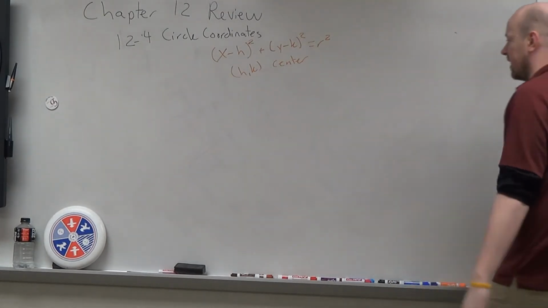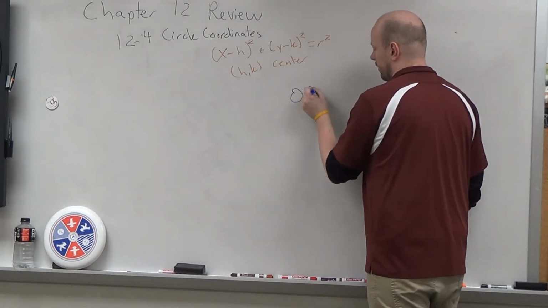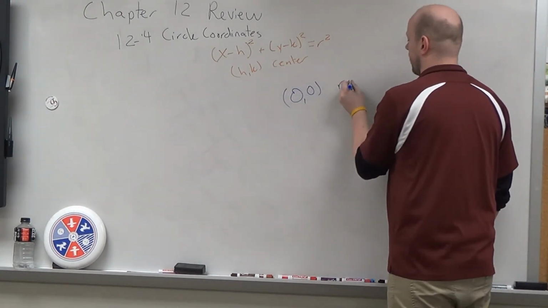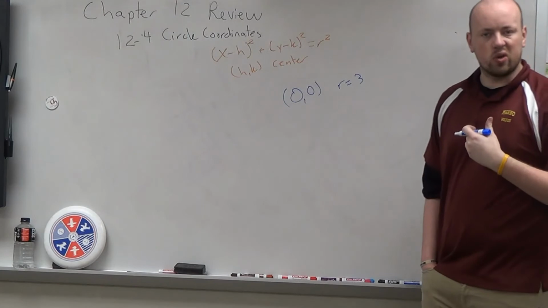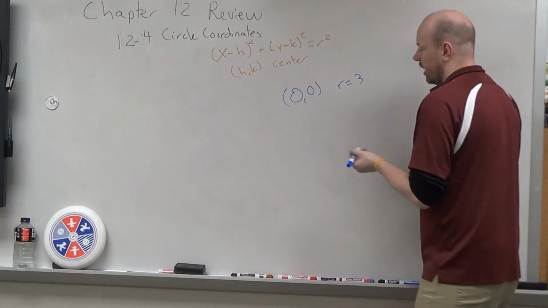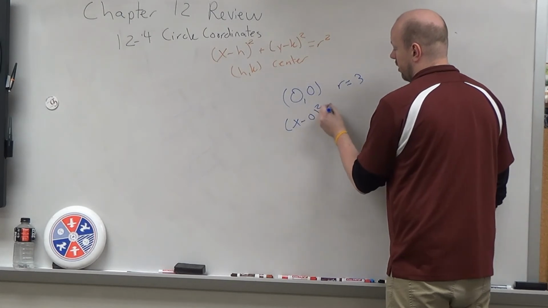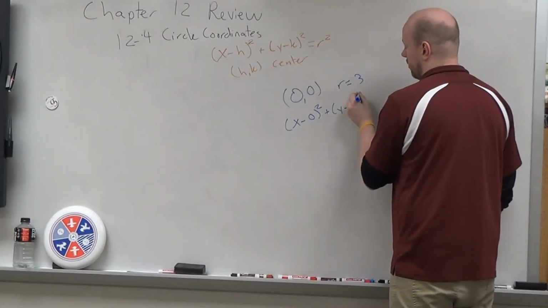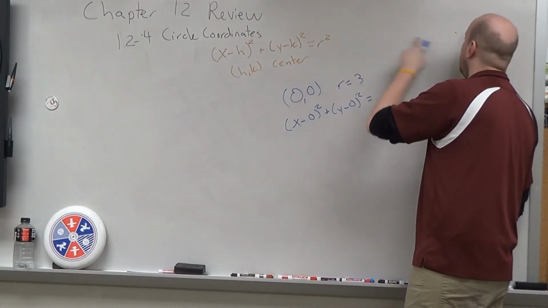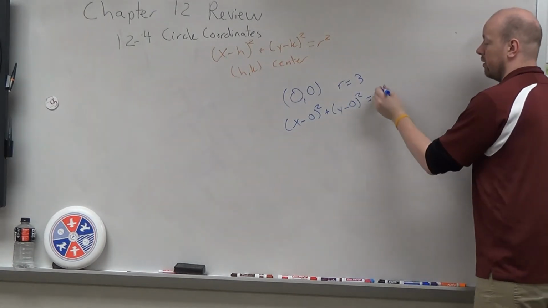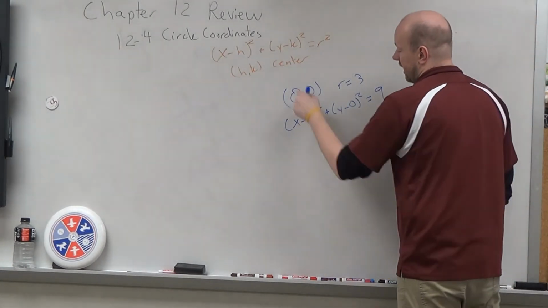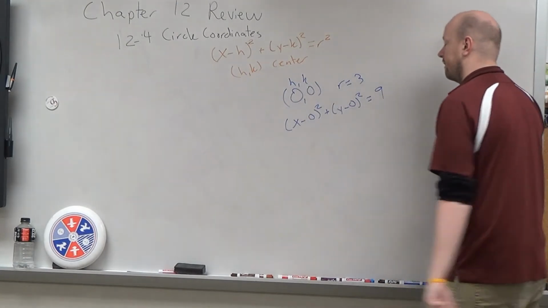So if I give you the center, say I told you 0, 0 is my center, and r equals 3, could you write me an equation? Well, you could. You could just say x minus 0 squared plus y minus 0 squared equals r squared, so 3 times 3, so 9. Because again, h comma k.